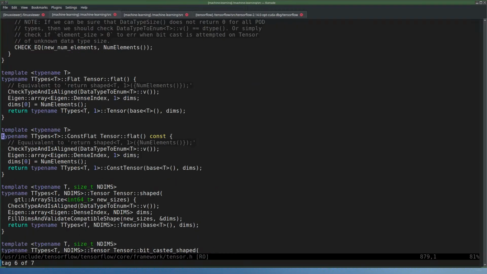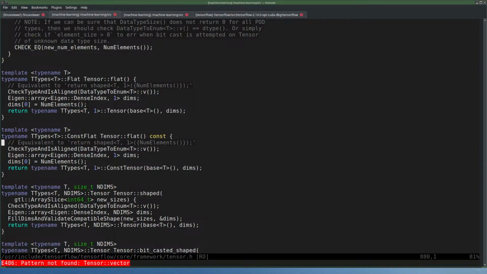You can find back.flat, tensor flat, yeah. Just, I think there's a tensor vector. Nope, equivalent.